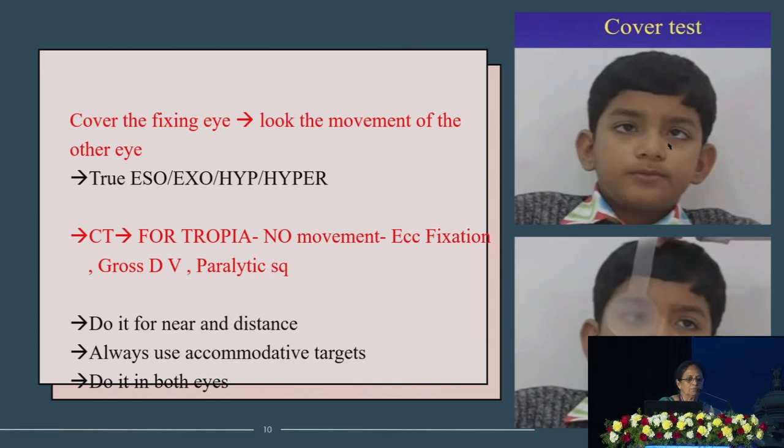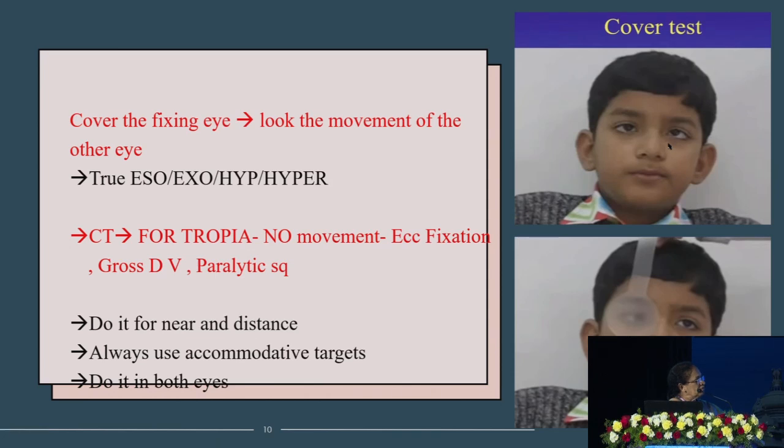And after that, we come to the cover test. The patient is asked to look at an accommodative target. For near, you have a picture card, or for distance, the Snellen's chart, and always cover the fixing eye first. See, in this child, the left eye is squinting.